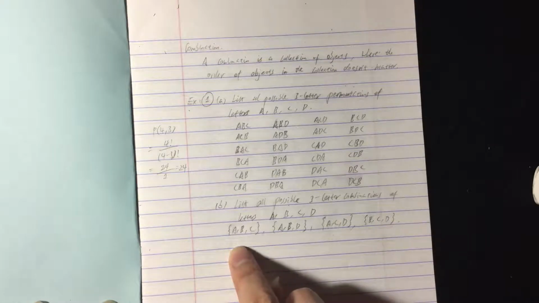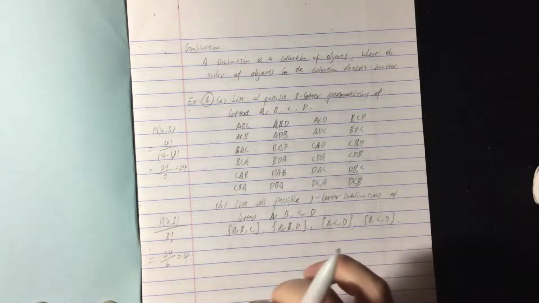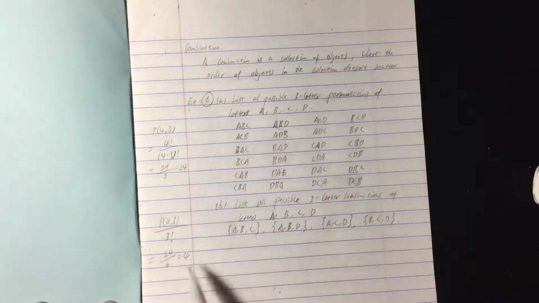So to get 4 combinations, we take the total number of permutations divided by the number of different orderings for 3 objects, which is 24 over 6 equal to 4. That's how we get 4 combinations. Keep this idea in mind.